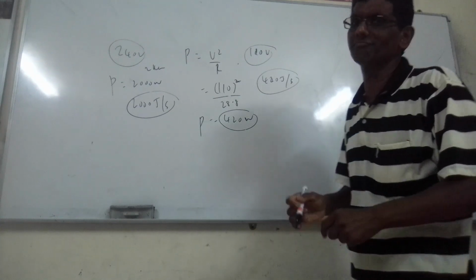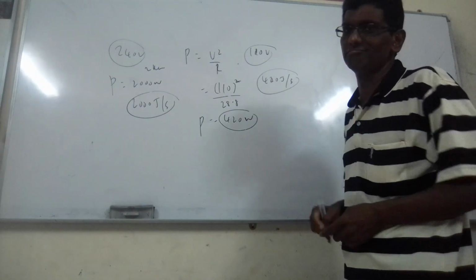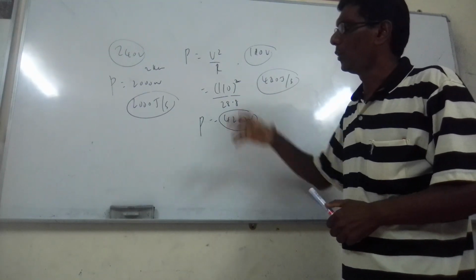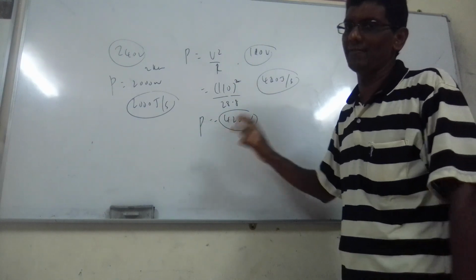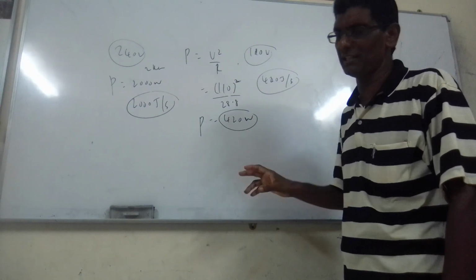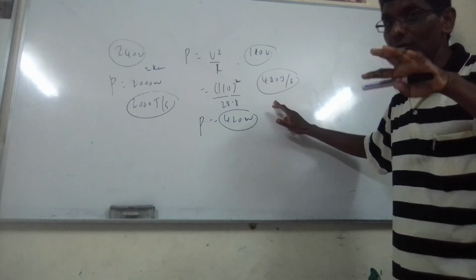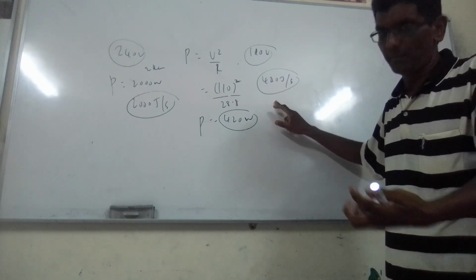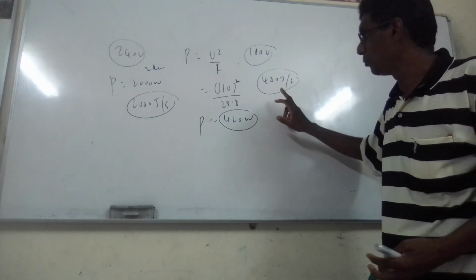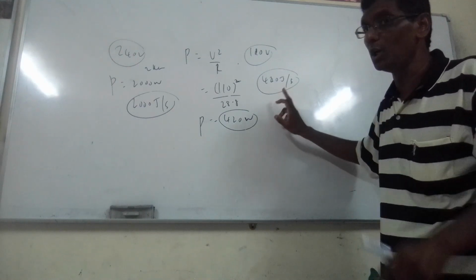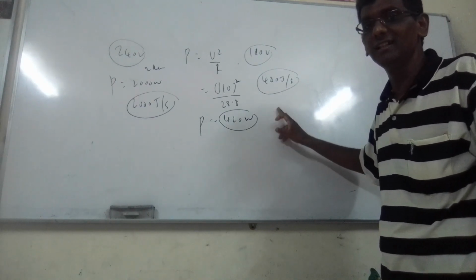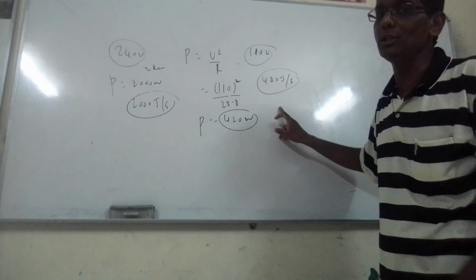So what is the benefit? Same heater, so the benefit or disadvantage. If you boil water using the heater at 110 volt, it will take a longer time, because it is only 420 joule per second.